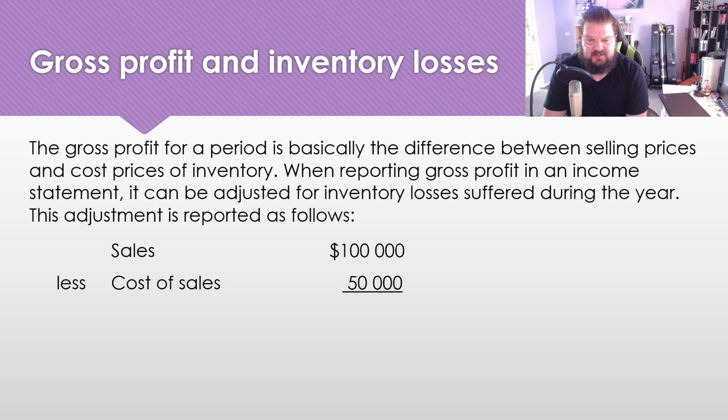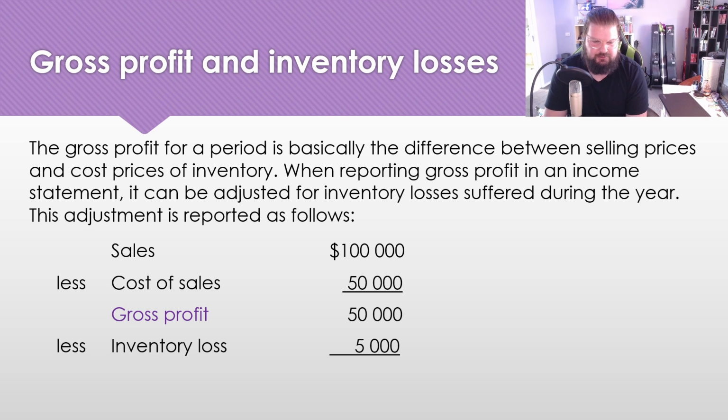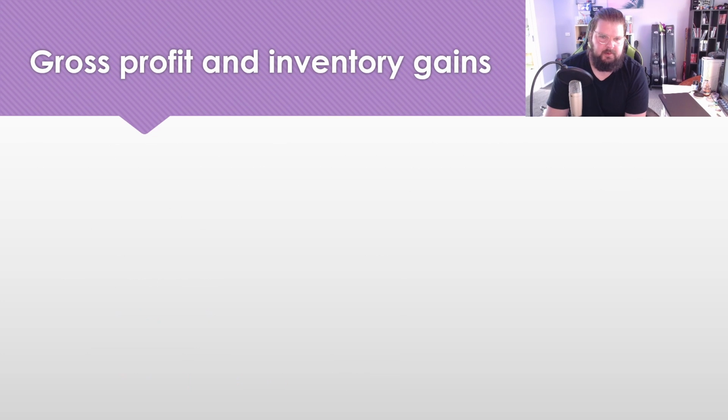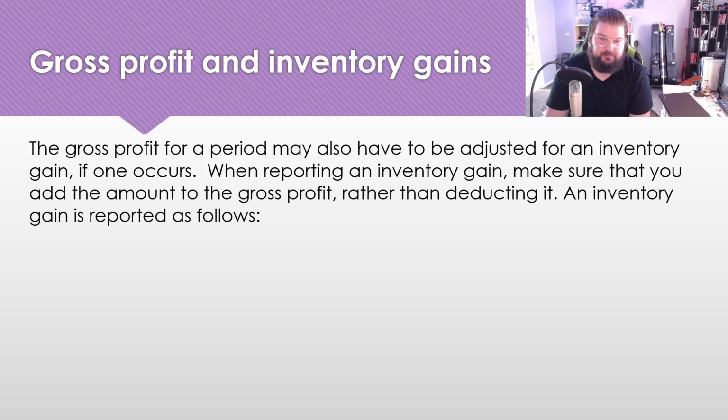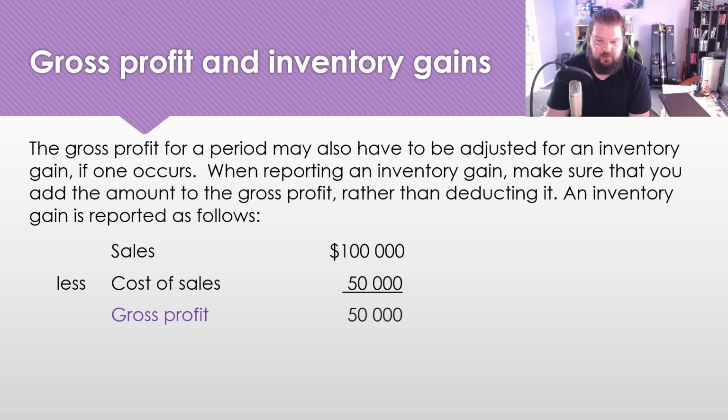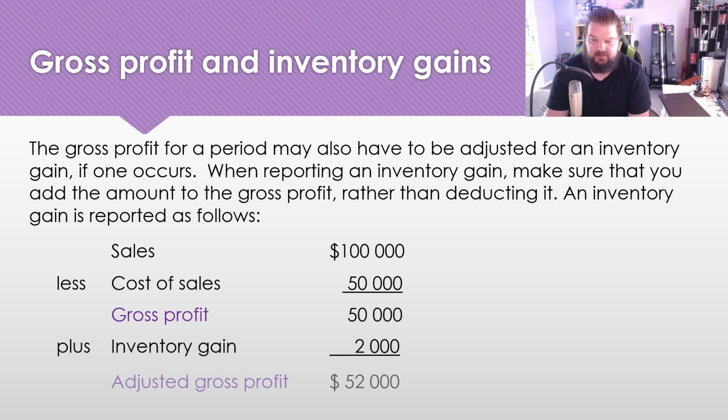We have, once again, sales of 100,000, cost of sales 50,000, gross profit of 50,000. But here we now have an inventory loss equaling our adjusted gross profit. Similarly with inventory gains, we're just going to add on that gain because it's a revenue. So same figures as before, but then we add an inventory gain of $2,000.